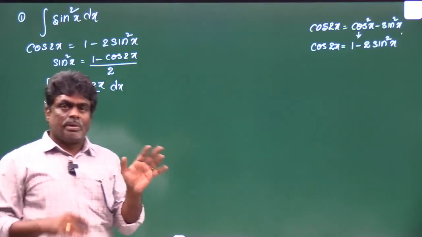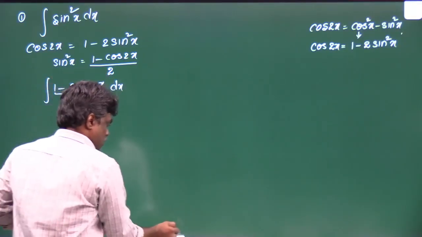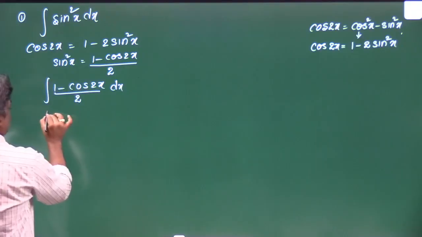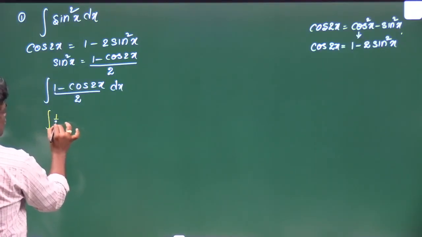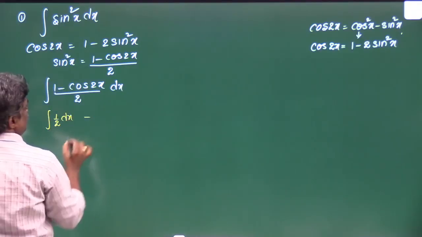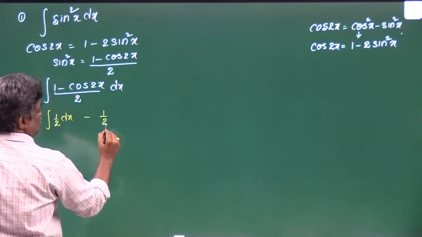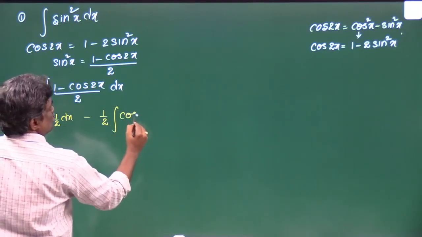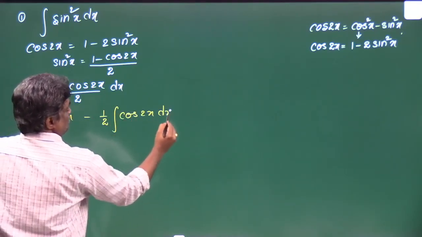Then after that apply the plus or minus rule. Just split it, integral 1 by 2 dx minus 1 by 2 I can write outside, integral cos 2x dx.